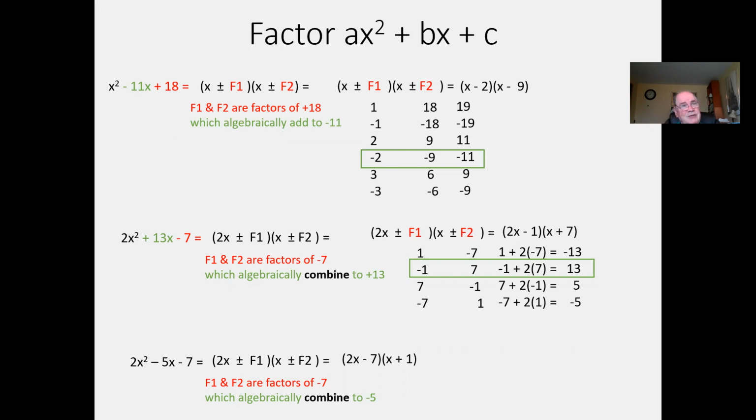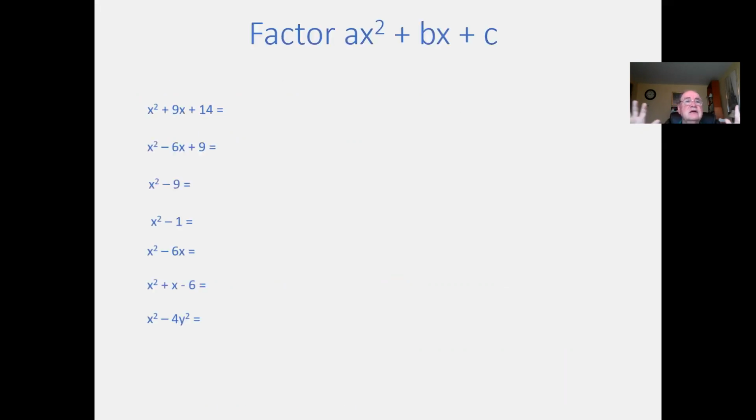It's that last combination of -7 and +1, which gives me the -5. Okay. So that's it. That is how we factor. And this is a very useful skill to have, and I ask you to take a look at those.